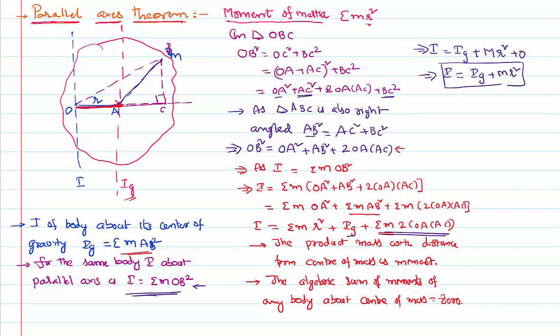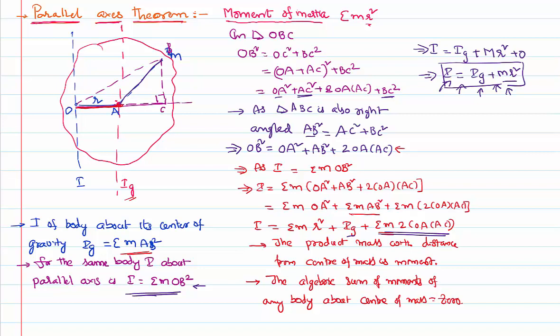So what it tells you: the moment of inertia of the body about an axis I is equal to the sum of the moment of inertia of the same body about an axis passing through center of gravity and the product of mass of the body with the square of the distance from the axis of rotation.